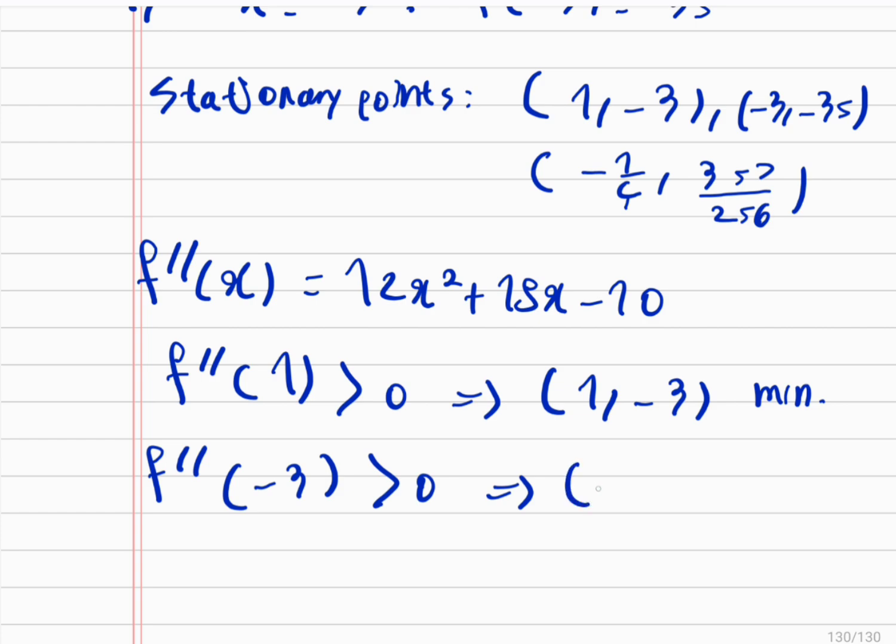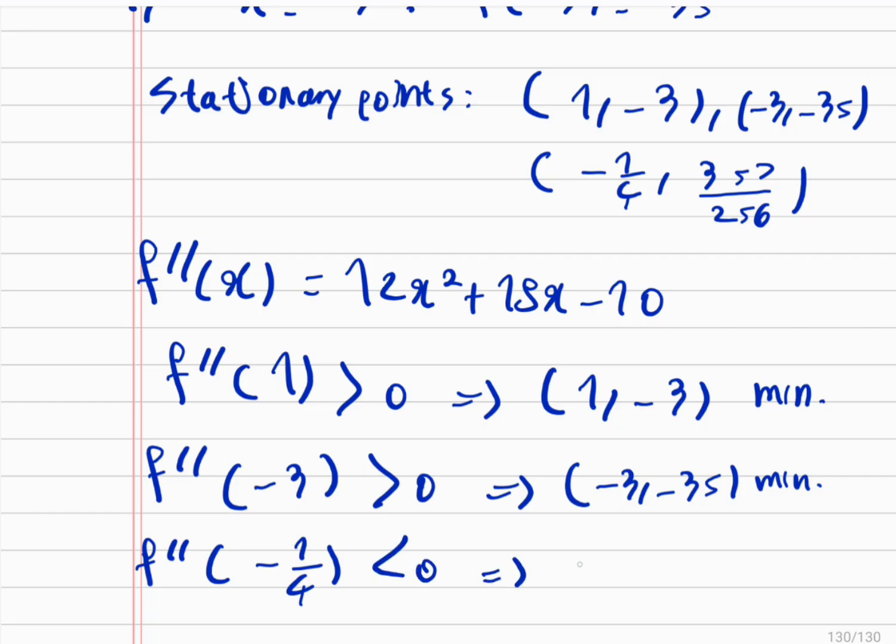So that means (minus 3, minus 35) is a minimum. And finally, f double dash of minus a fourth is less than 0. So (minus a fourth, 357 over 256) is a maximum point.